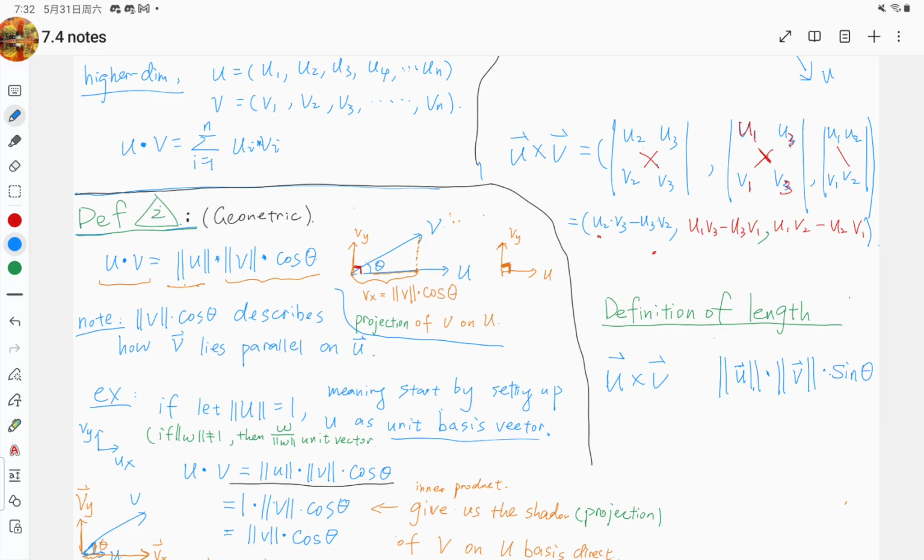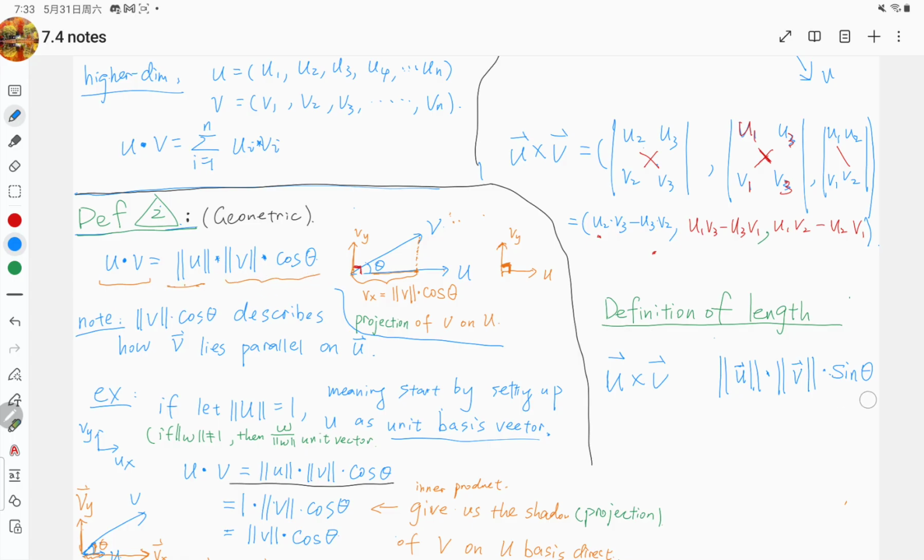And if we want to write down a similar form as an inner product, using the norm of u and the norm of v and then the sine theta, note that in the inner product it is cosine theta, right?